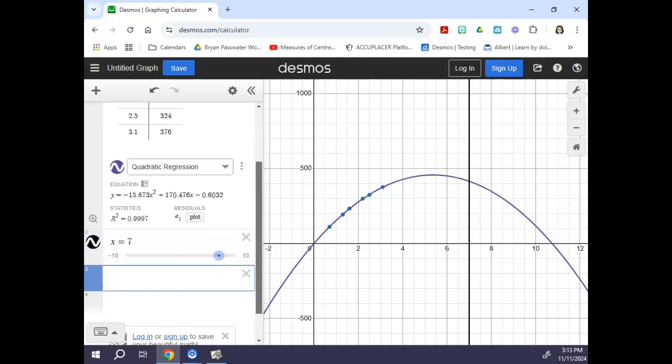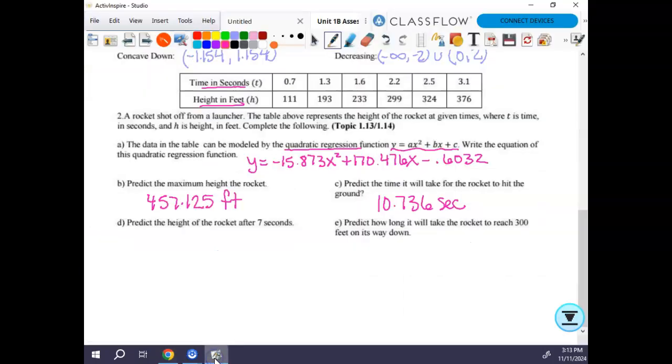So that's that black line it just drew. So if I do that, it'll give me that intersection. So 7 seconds, it's about 414 feet. So that's 414.952 feet.